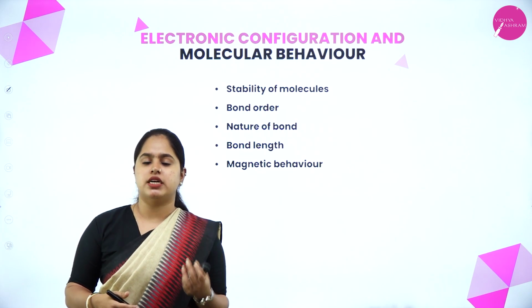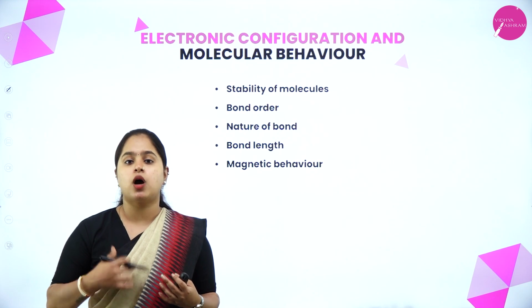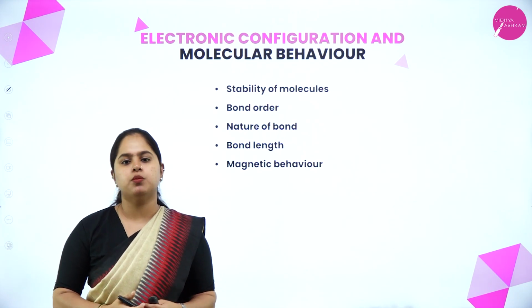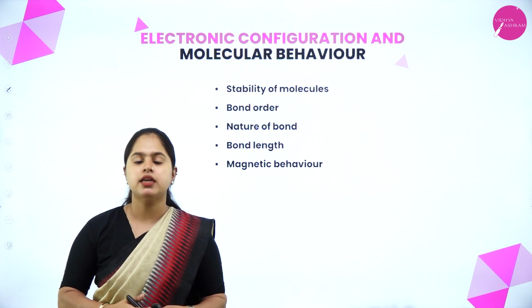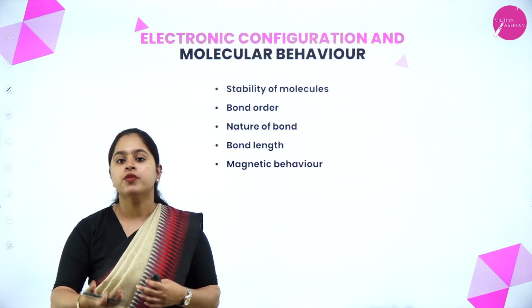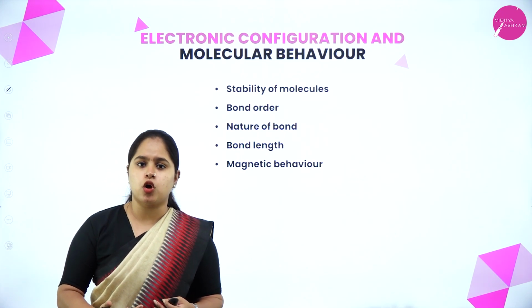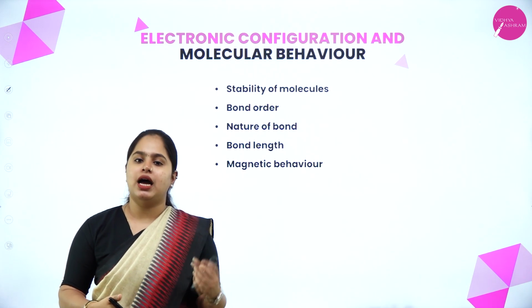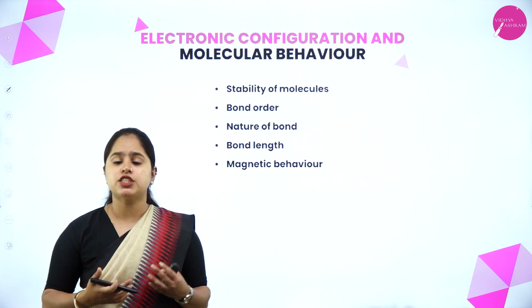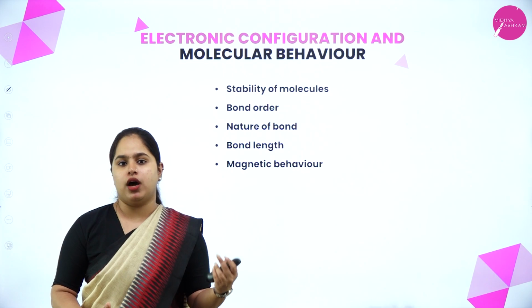And we also studied how to fill the electrons using the molecular orbital diagram, right? We know that when two atomic orbitals are combining, they form two molecular orbitals, out of which one will be a bonding molecular orbital and the other one will be an anti-bonding molecular orbital, right? So using the electronic configuration, we will be able to predict the molecular behavior.